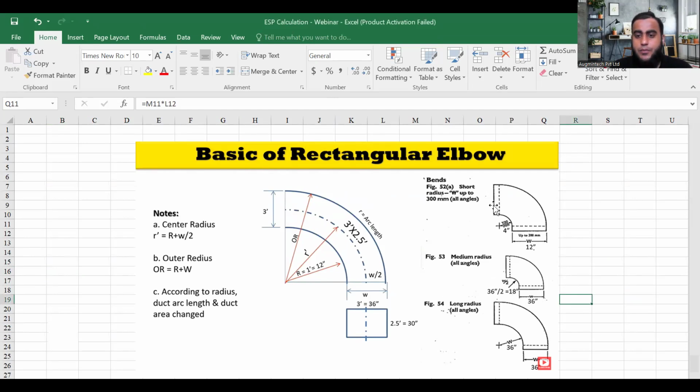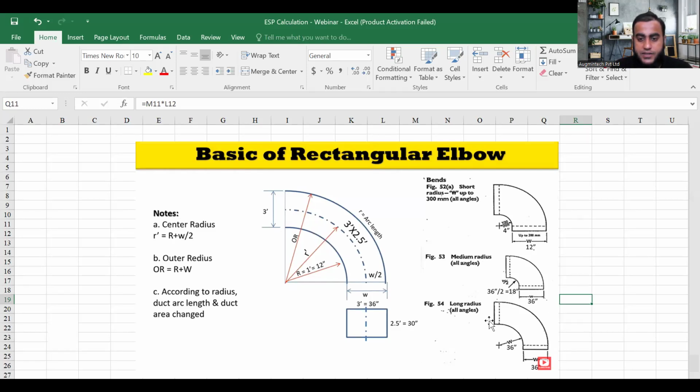Okay. So which type of elbow you are using in your project? So if you have, suppose if space is availability, okay, so go for long radius elbow is best. But let's say if you have little bit compact space, so we are just going for short or medium radius elbow, okay? So it is given here.